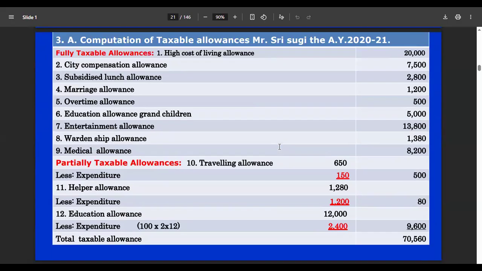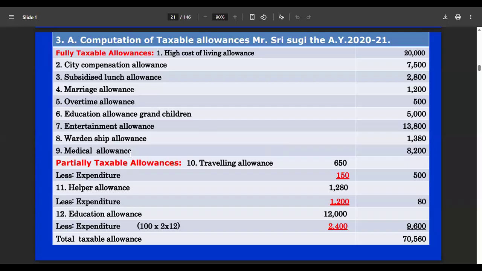So let's see the answer. Fully taxable are compensation, subsidy lunch, marriage, overtime, education, entertainment, warden, and medical.